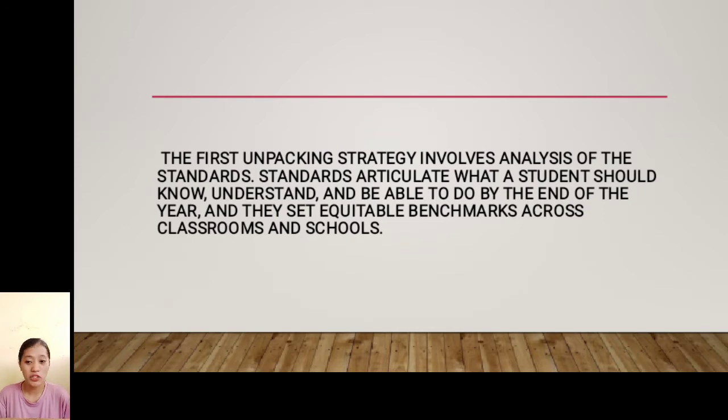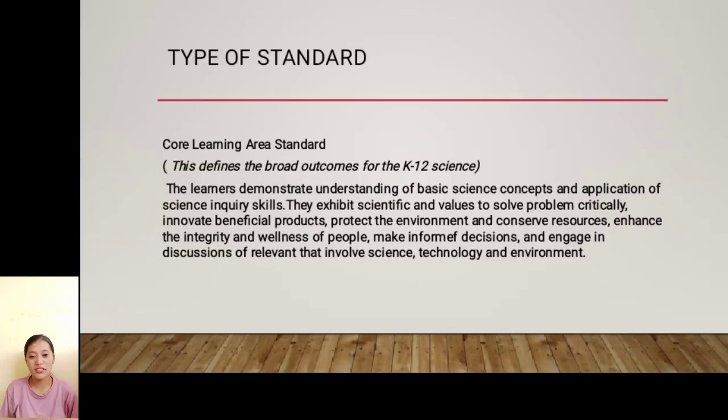So the first unpacking strategy involves analysis of the standards. Standards articulate what students should know, understand, and be able to do by the end of the year. And they set equitable benchmarks across the classrooms and schools. So the types of standard: first, the core learning area standard, which defines the broad outcomes for K-12 science.